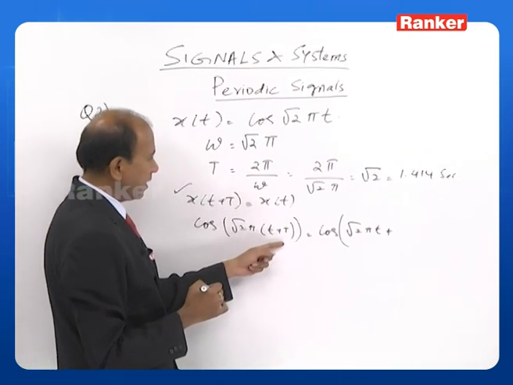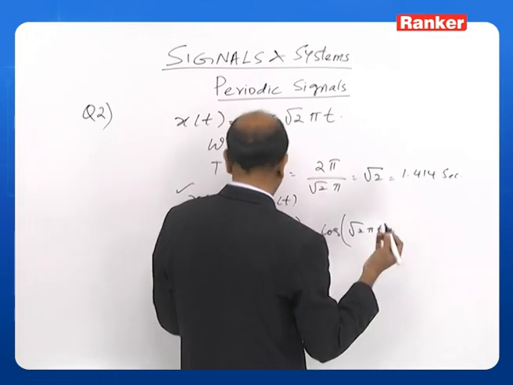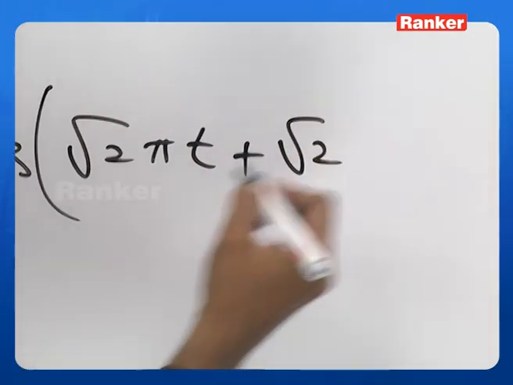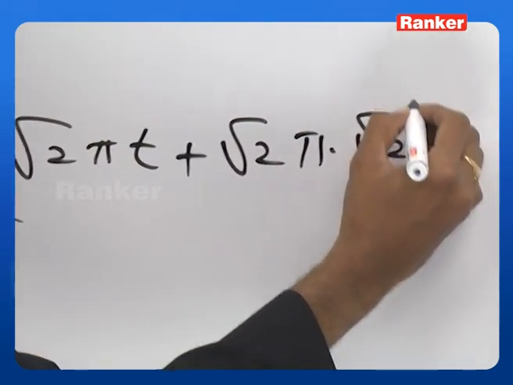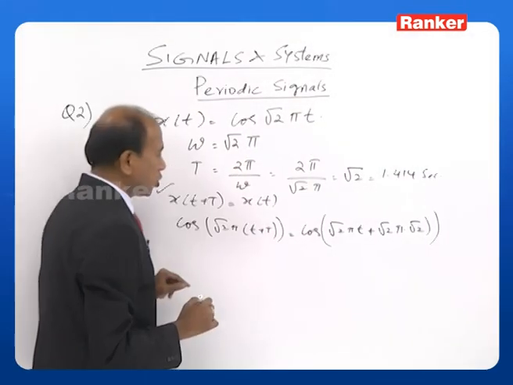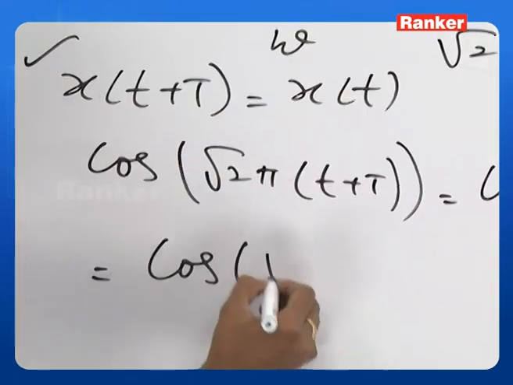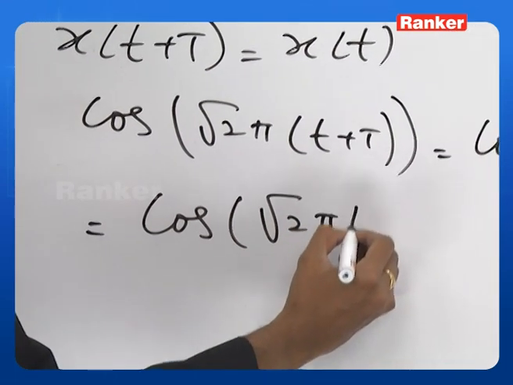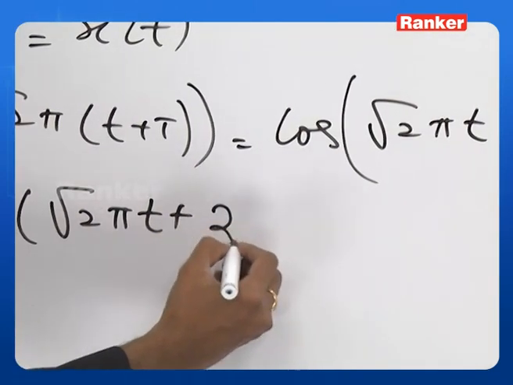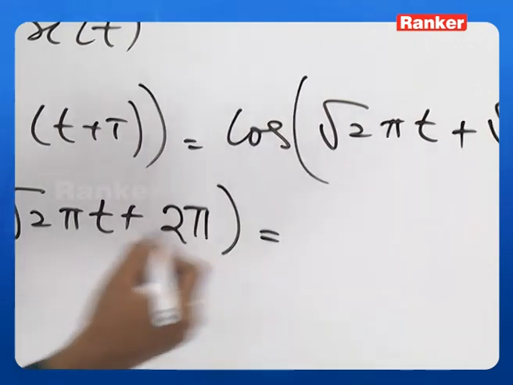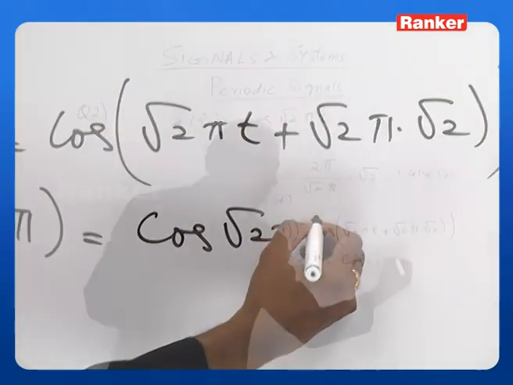Then what is our T here? Our T is root 2. So, this will become root 2 pi into root 2. So, this is equal to cos of root 2 pi t plus root 2 into root 2 is 2. So, this will become 2 pi. So, this is nothing but equal to cos of root 2 pi into t.